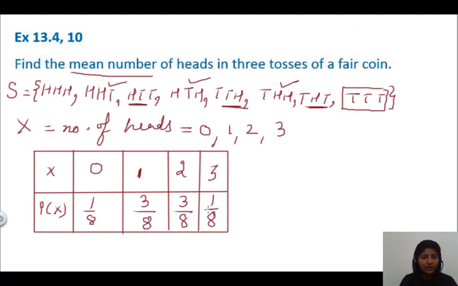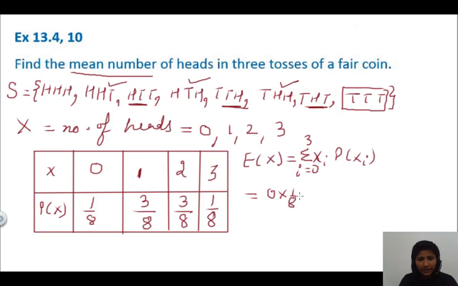Now to find the mean, we know the formula. Mean is represented as E of x, that means expectation of x. We have to do xi into p of xi and sum them, where i is from 0 to 3 in this case, because 0, 1, 2, 3. When x is 0, probability is 1 by 8. Then x is 1, probability is 3 by 8.